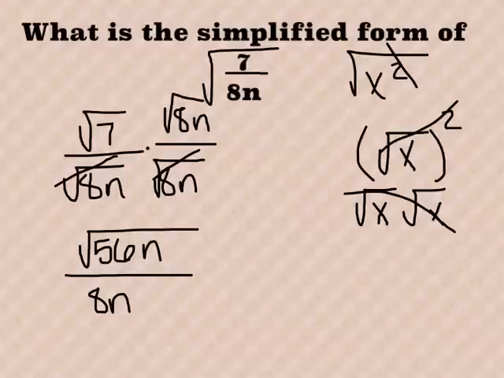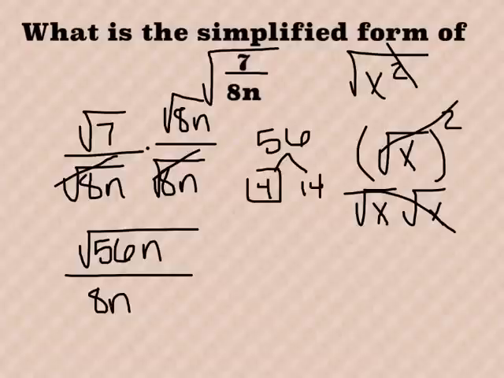When we want to simplify the top, we never want to leave it like that. 56, that is 4 times 14. 4 is a perfect square. 14 is 2 and 7.